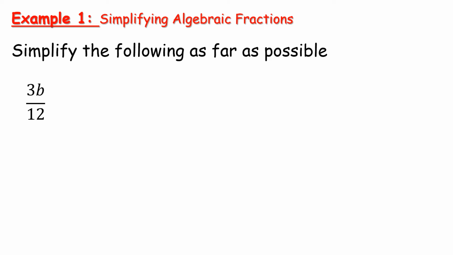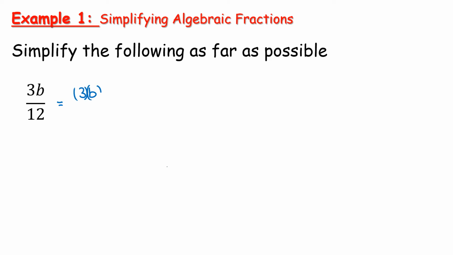So let's take an example that is an algebra fraction and see if we can use this logic to help us. So the first one is actually quite straightforward. We have 3b and we want to divide it by 12. So if we think 3b is as factorized as it can be, it's 3 by b. You can put in your brackets if you want.